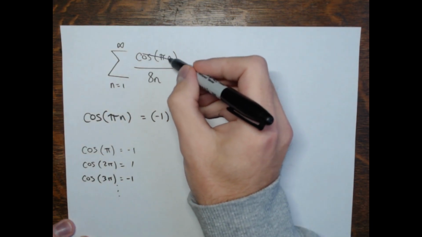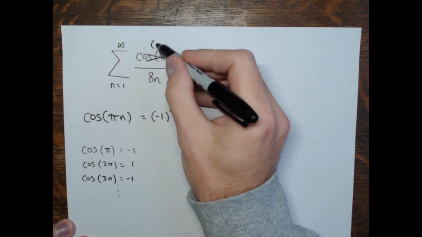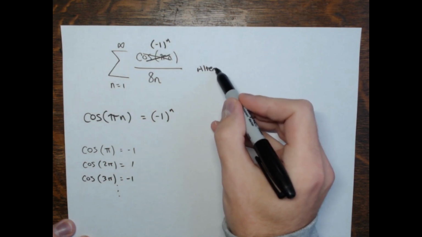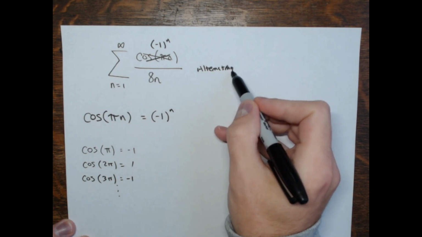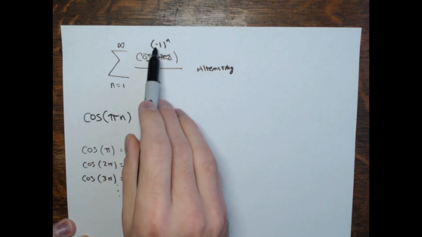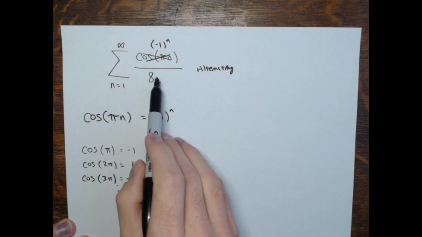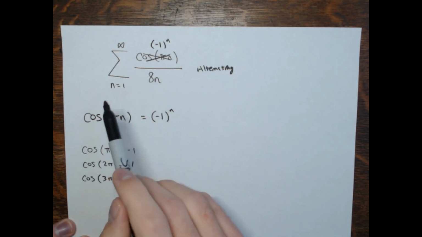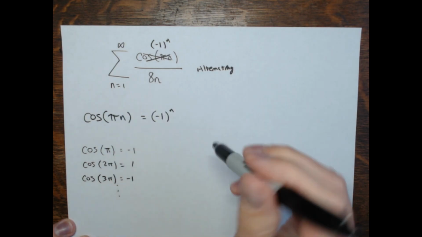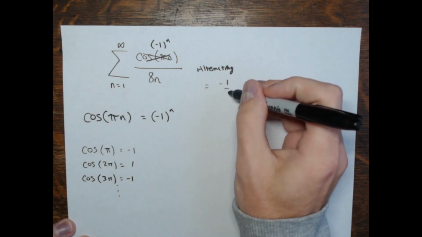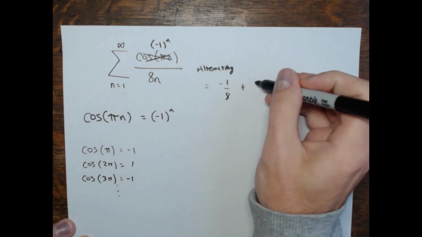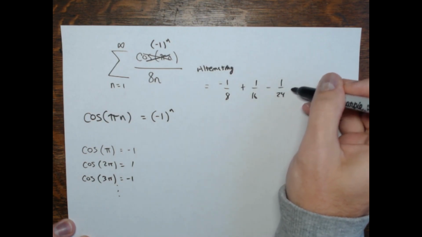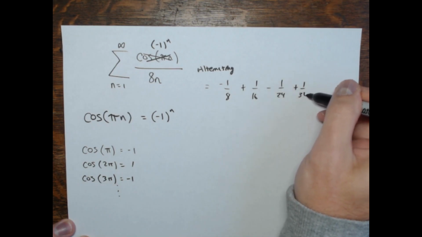So instead of looking at that this way, you can look at it this way. And we have an alternating series. This will be alternating. All right, so I'll write out the first few terms: -1/8, then +1/16, and -1/24, and +1/32, and blah, blah, blah.